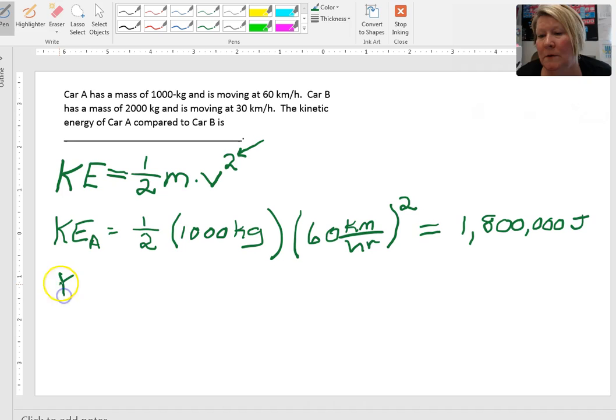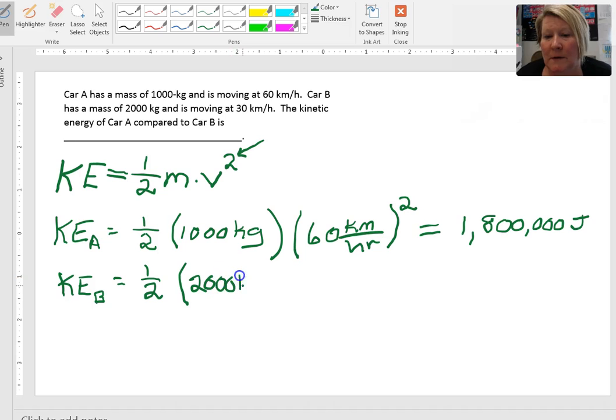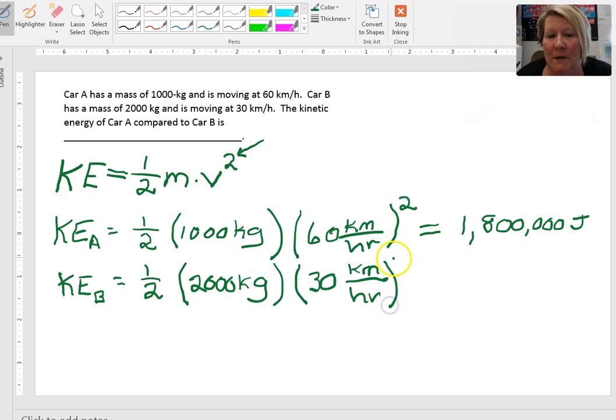So let's do B now. The mass here has doubled, but the velocity is cut in half, and that's going to have more of an effect because velocity is squared.